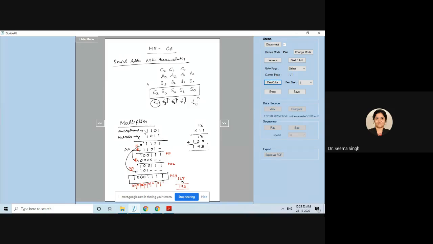But the copying of 0 happens if your multiplier bit is 0. This is called mode M. Mode M will take care whether you have to bring your multiplicand 1101 or a 0000, because that is decided by the multiplier bit.